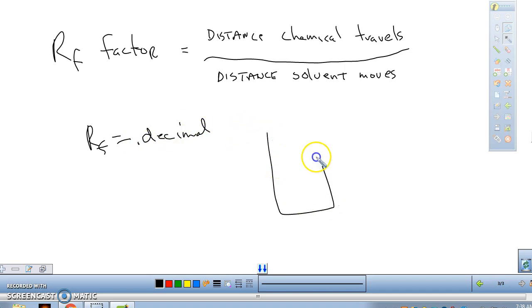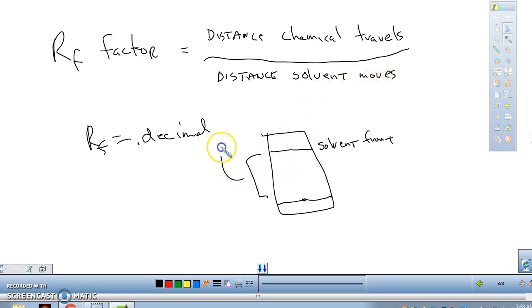So for example, if you had a solvent front that was here, you're going to measure from your pencil line where your solvent started to this is where the solvent front is. So that's this bottom distance here. And then let's say your dot's here. Well, you're going to measure from here to here, and that's going to be the top number. So you'll have to do that.